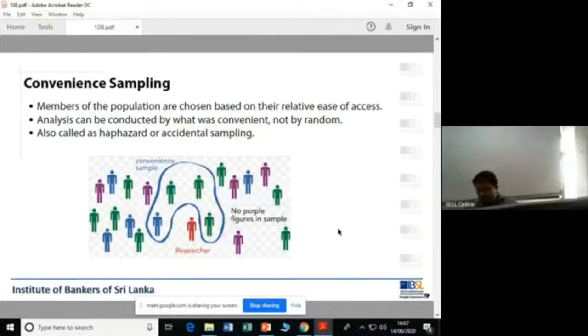The researcher might not know that there are purple data points in the given population. So unknowingly, he will only select this set of blue and green data points for his sample. But do you think that this is a good sampling method in the first place? I would suggest that it might not be the best method.